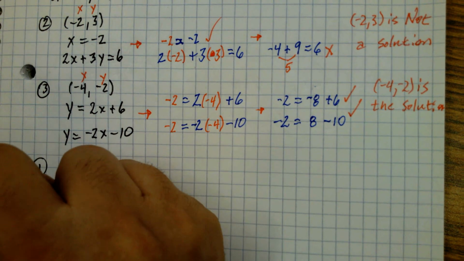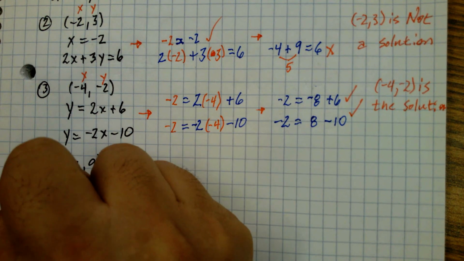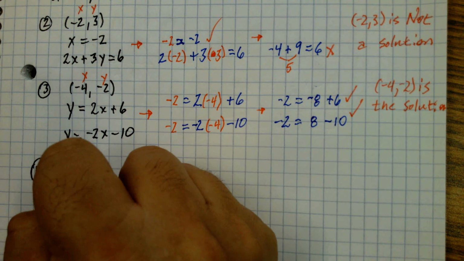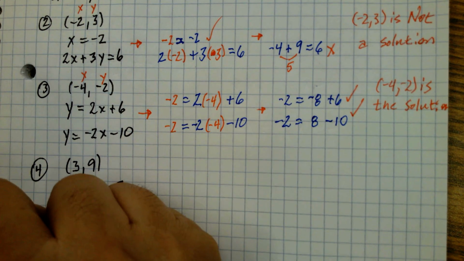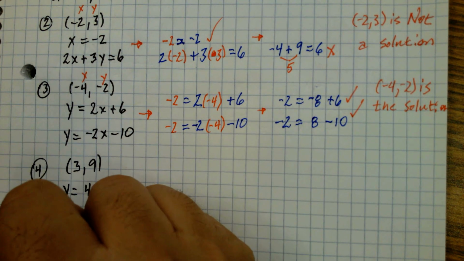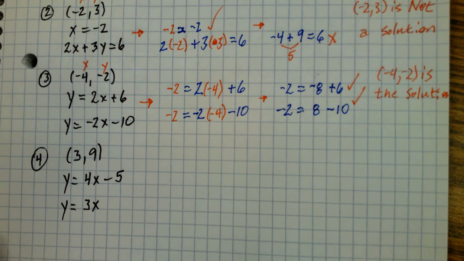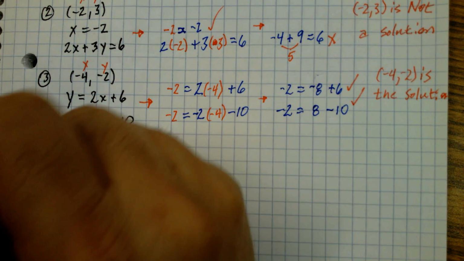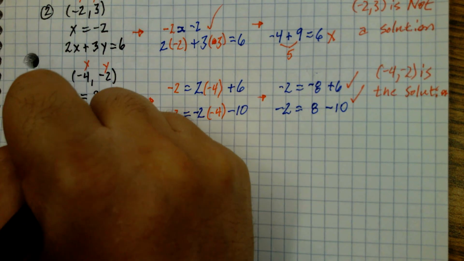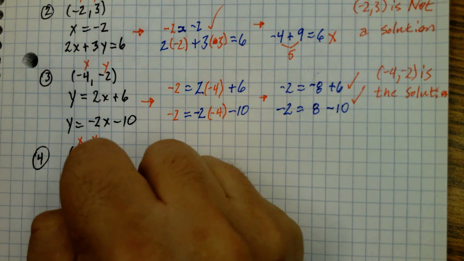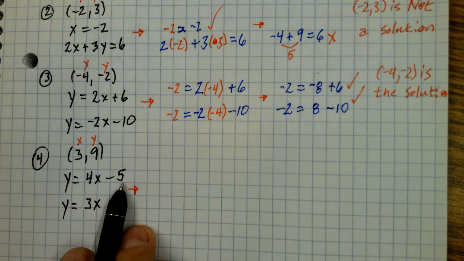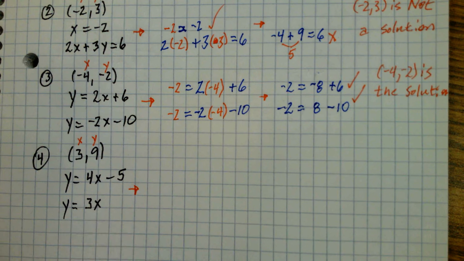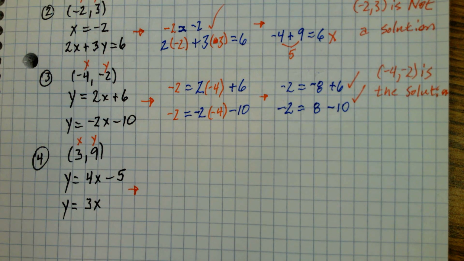Let's do y equals 4x minus 5, and then y equals 3x. Okay? So give it a try. This is the x value. This is the y value. In both equations, replace x with 3 and y with 9. Okay? Give it a try.